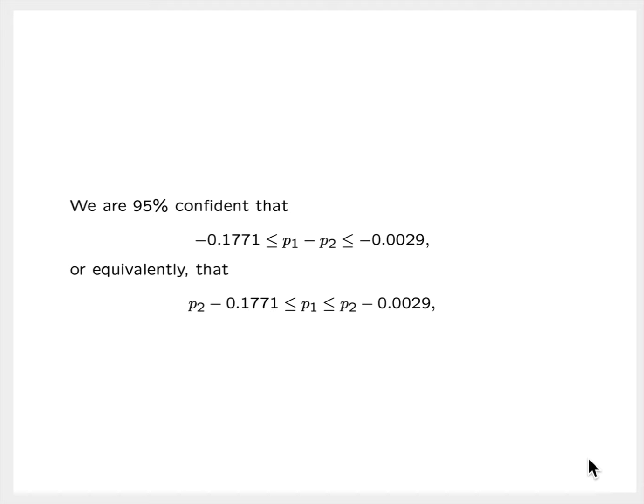So that is how we develop procedures for comparing the proportions of two populations using samples that are large enough for us to appeal to the central limit theorem and for the normal distribution to provide an adequate approximation to the true sampling distribution of p1 hat minus p2 hat.